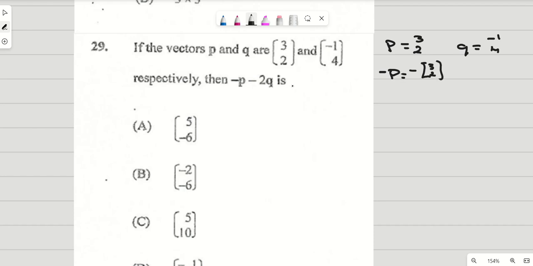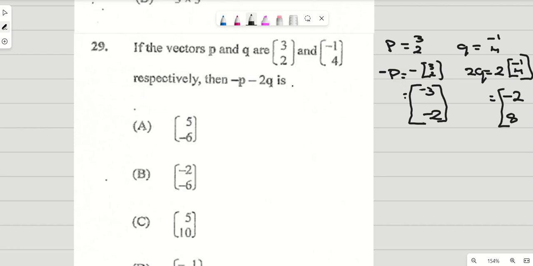That is equal to negative 3 and negative 2. All right, that is negative P. And then Q, they ask for 2Q. So you're multiplying 2 by Q, right? That is 2, open bracket, minus 1, 4. So this is equal to 2 by minus 1 is minus 2, and 4 2s are 8.